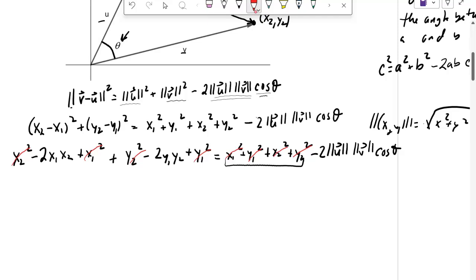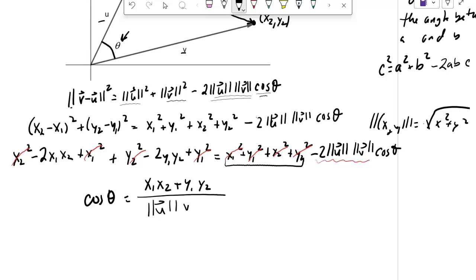Now again, if I want to solve for cosine, I need to divide out that, don't I? Notice also when you divide out, your negative 2's will cancel, won't they? So when we actually solve for the cosine here, you'll get x1, x2 plus y1, y2 over magnitude of u, magnitude of v.